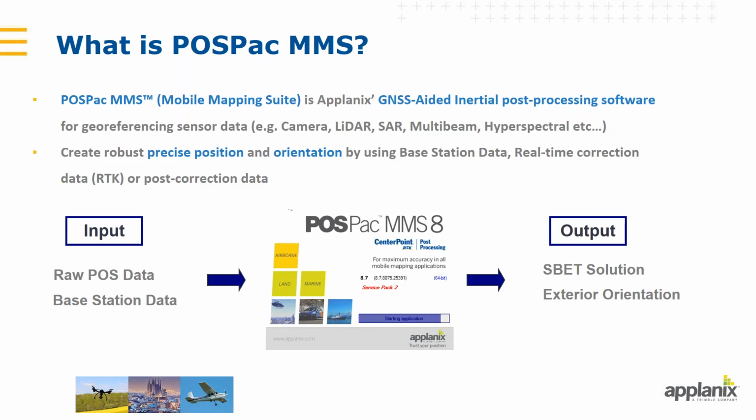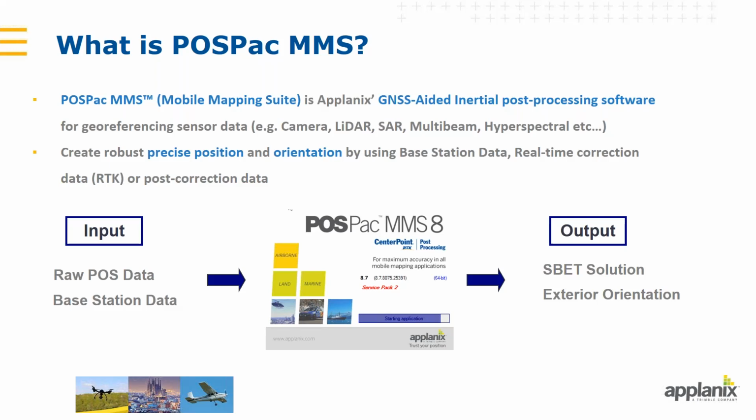What you're doing here is you create a robust, precise position and orientation by using base station data or real-time correction data, also known as RTK, or any other post-correction data. What you import into POSPac is basically the raw data from your POS system, and the base station data, if you have some. If not, then POSPac can help you to get some.